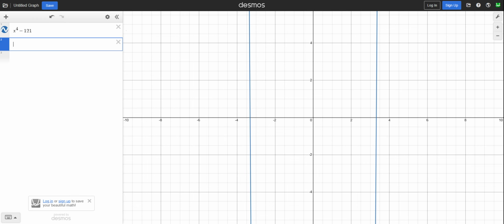So factor and set each factor equal to 0 and solve. Okay?